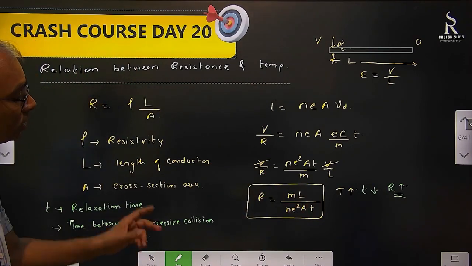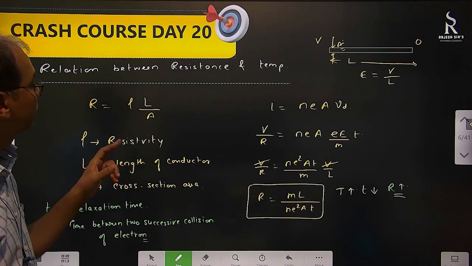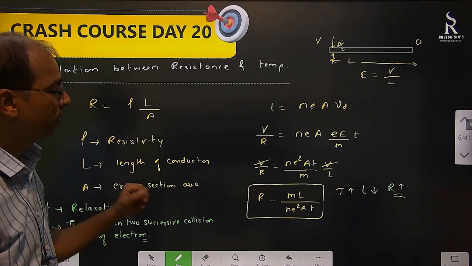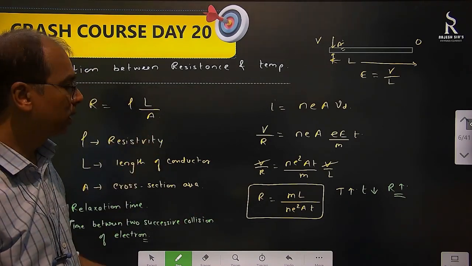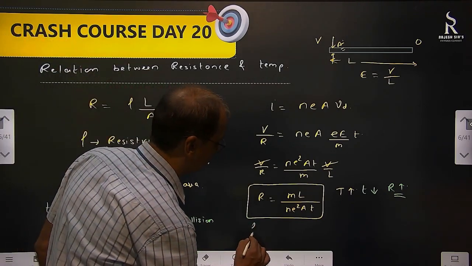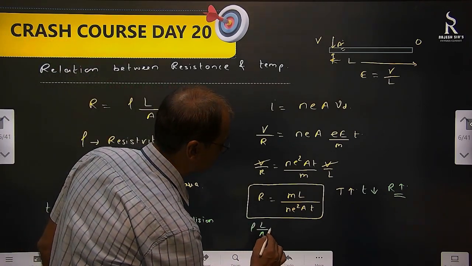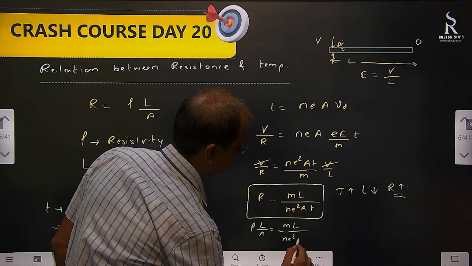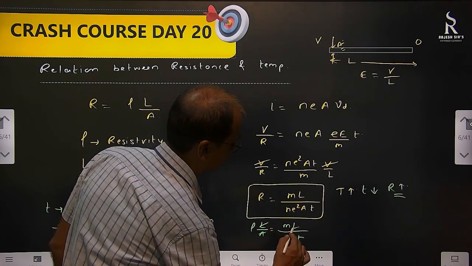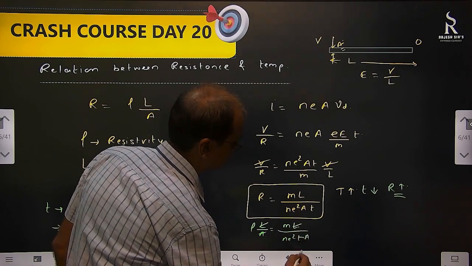Okay, and in this one, if suppose I want to find what is the value of rho, then in place of R you write rho L by A. So here rho L by A what we are keeping. Then what it is here, ML by NE square T. L and A here gets cancelled.